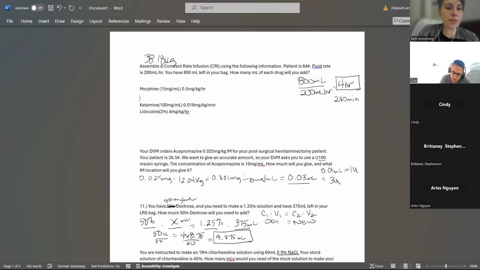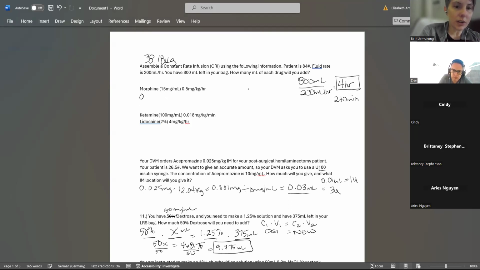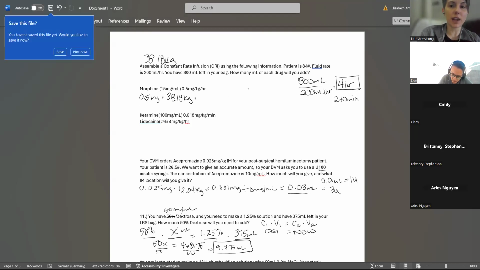So for morphine, these are the concentrations of the drugs, by the way. We're going to set it up with 0.5 milligrams times the kilograms, 38.18 kilograms, times how many hours? 4.